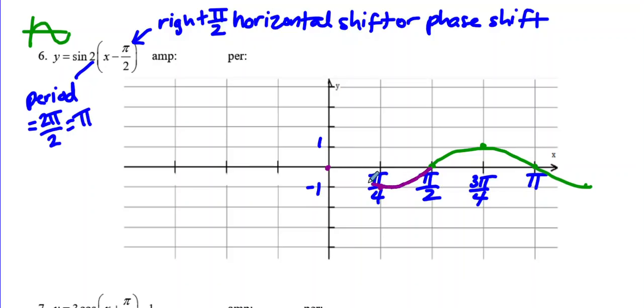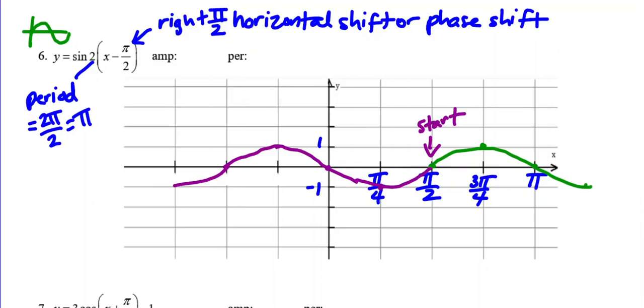So if I want to finish a full period, it's going to go here, and I could continue going backwards as well. Alright, so my sine graph actually started right here.